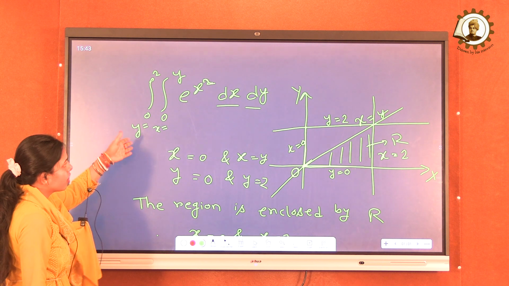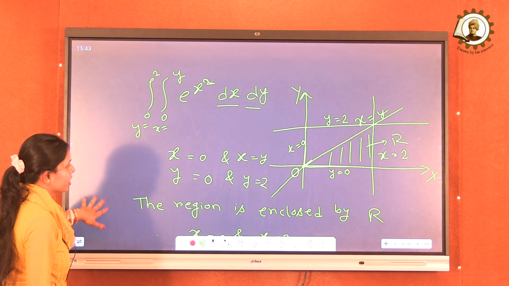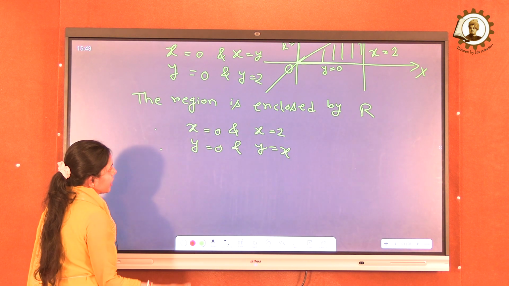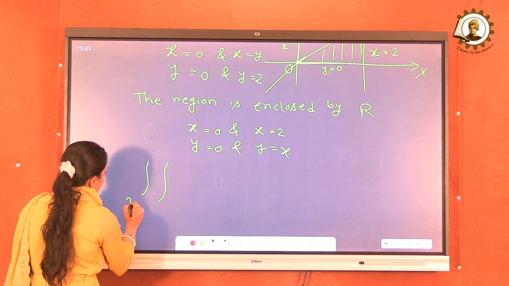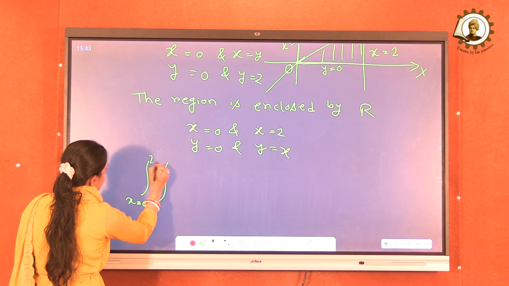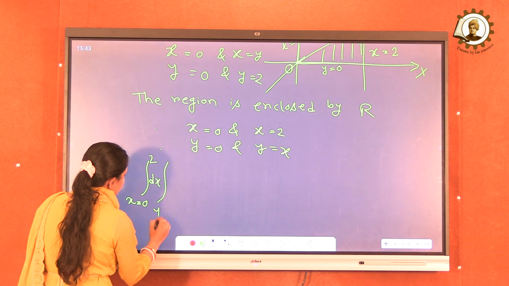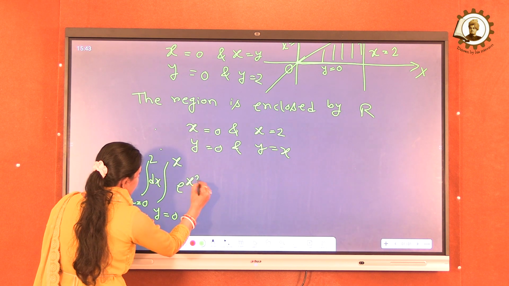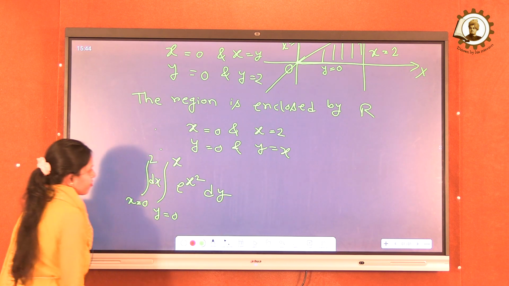Now we start to evaluate the whole double integration after the change of order of integration and the limits also. So x equals 0 to 2 here, and this is dx, and y equals 0 to x here, and the function is e to the power x square dy.